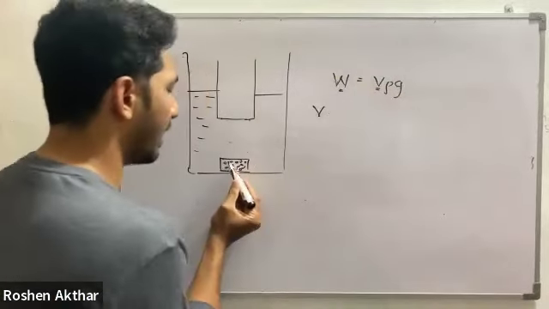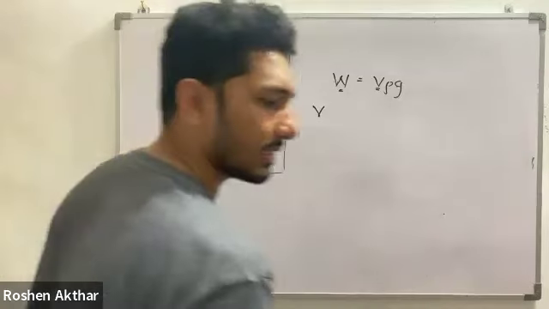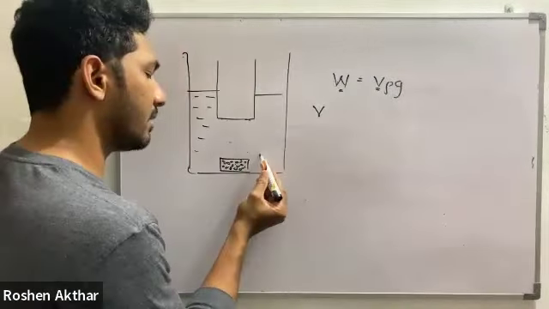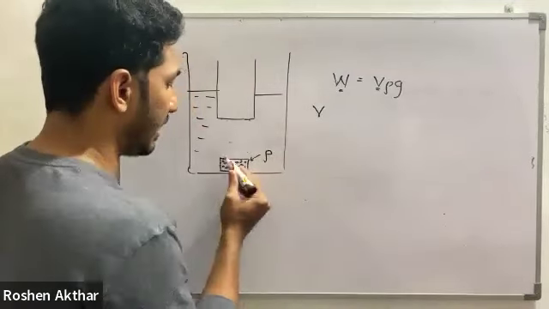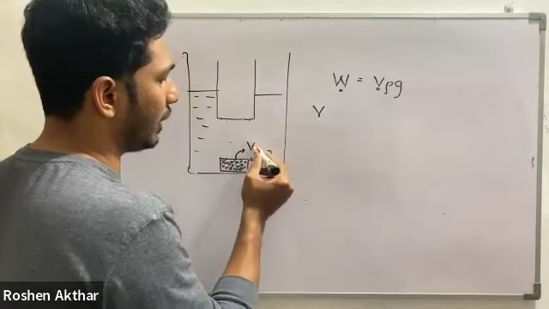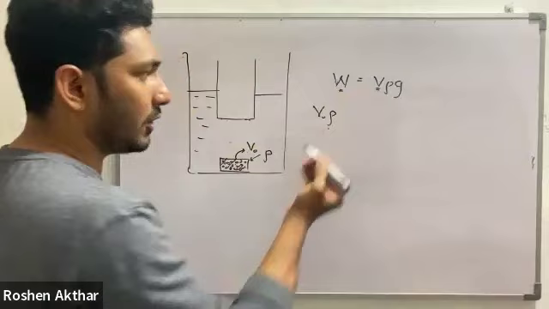So I can't say a specific volume because it has some metal particles inside a metal piece. But I can consider a resultant density for this. And I can just put its own volume, let's say V naught, resultant volume, rho.